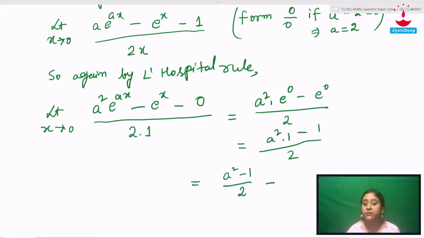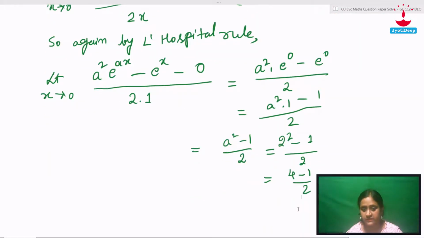We know the value of a is 2, so it will be 2 square minus 1 by 2, which is 4 minus 1 by 2, that means 3 by 2. And this is our answer.